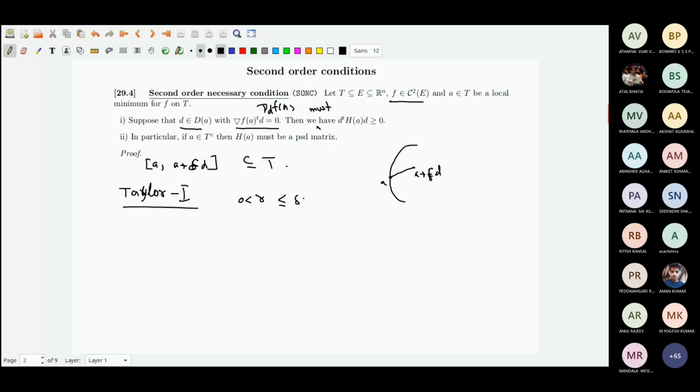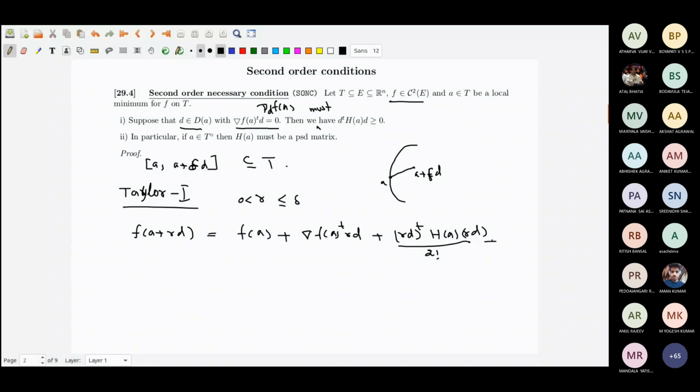Let me take R. Then f(A + RD) is equal to f(A) plus grad f(A) transpose RD, plus RD transpose H(A) RD by 2 factorial, plus the remainder term.